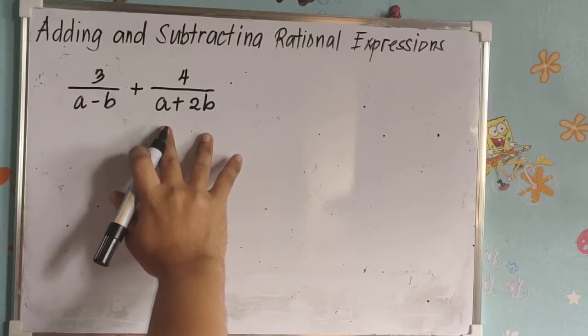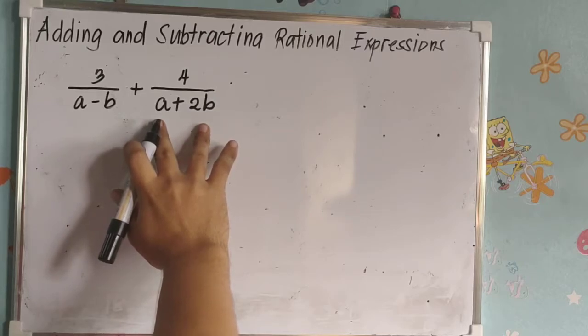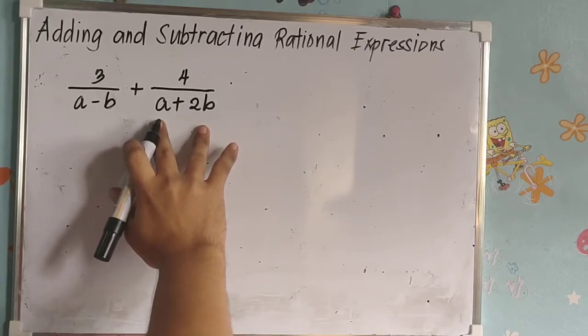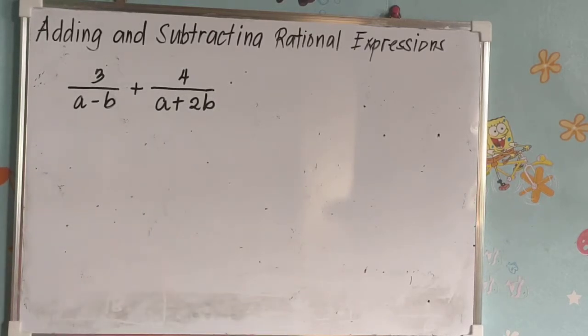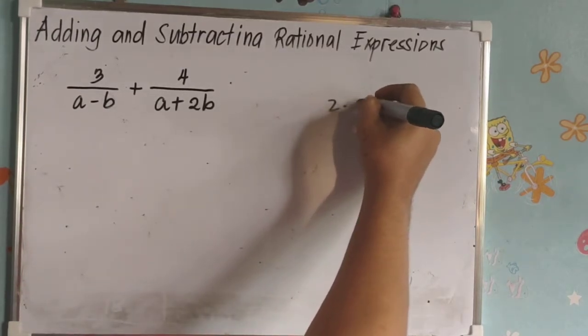In this case, if the denominators are both prime to each other, meaning they don't have any common factor at all, we simply multiply the denominators. Just like 2 and 3. Both are prime numbers, so we are going to multiply 2 times 3, so the LCD is 6.